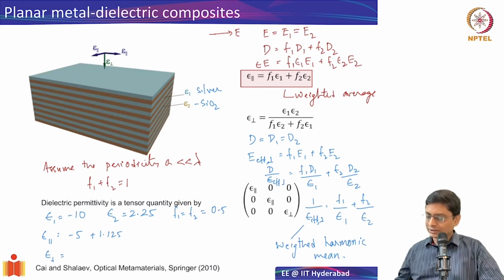We can rearrange this; that's what is given here at the top. This is my harmonic mean, right? So in this case, epsilon 1 into epsilon 2, that is going to be minus 10 into 2.25, divided by epsilon 2, that is going to be minus 5 plus 1.125.